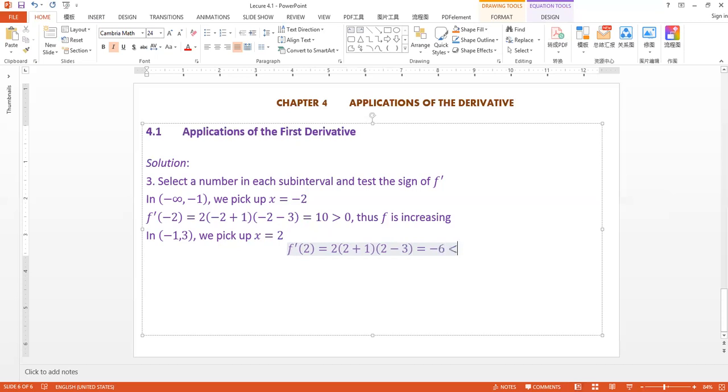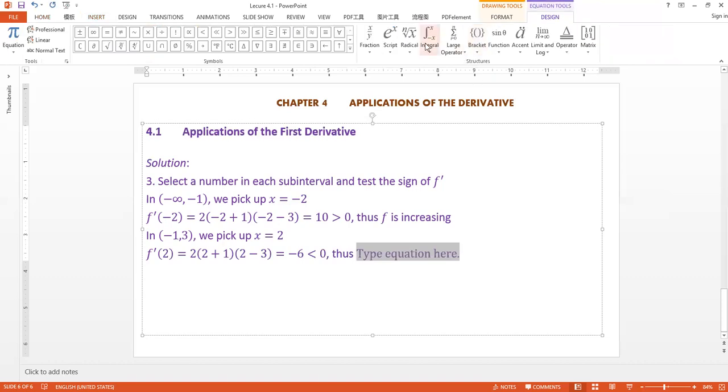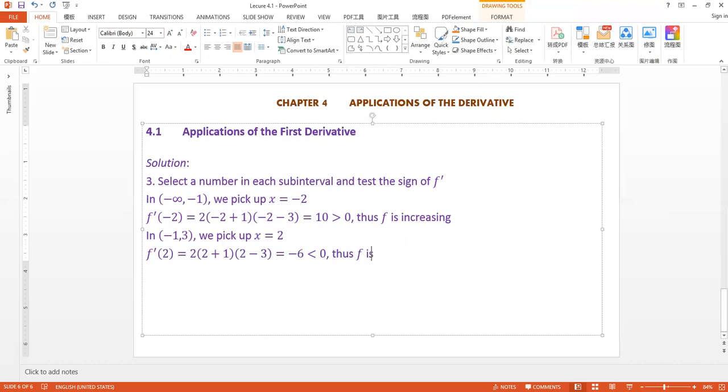So this time we do get f prime less than 0. So as we know, when the derivative is negative, the function is decreasing. So that's the second subinterval.